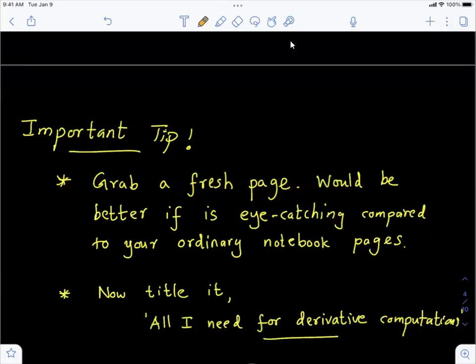All right, so grab a fresh page, at least the size of A4, a regular printer paper, and then title it "All I Need for Derivative Computations." That simply means if I ask you to summarize your entire calculus 1 by the end of this course, you will have a summary now.